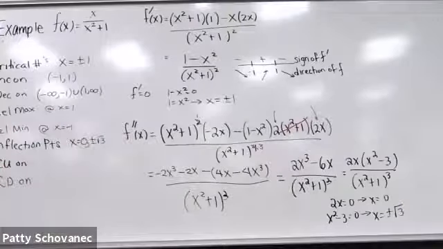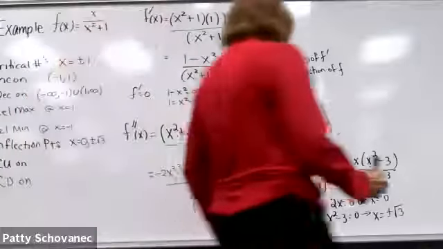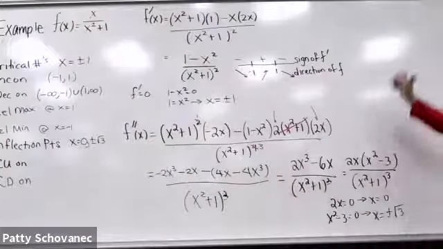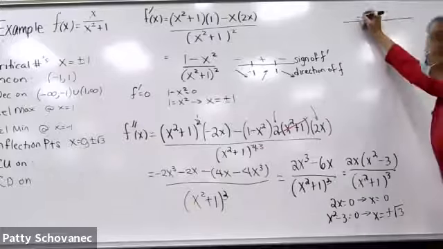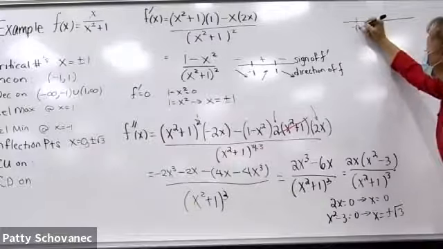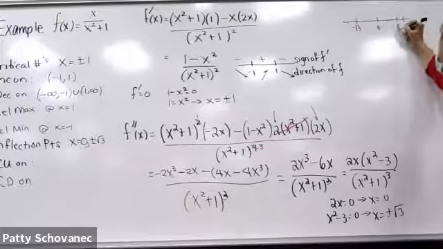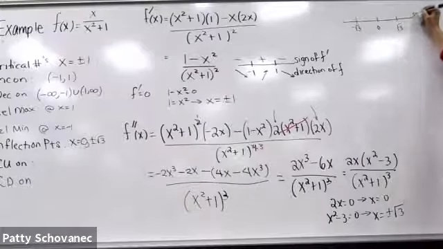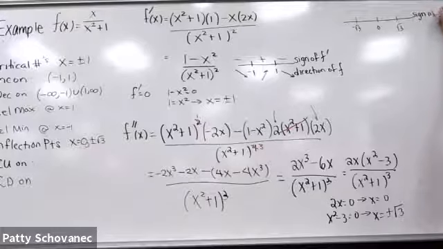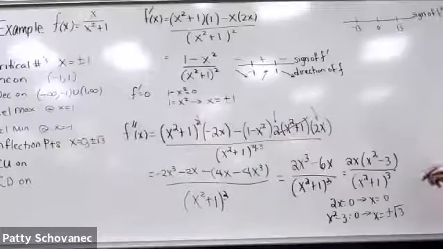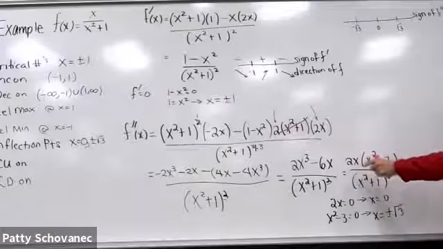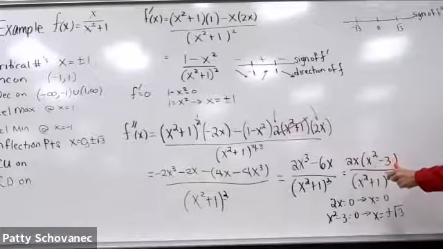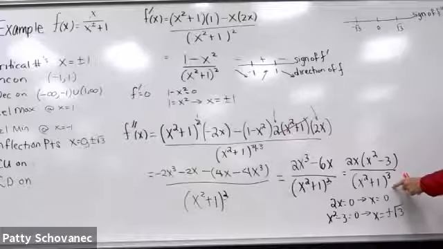So let's cut the number line into 3 different pieces and look at the sign of our second derivative. So let's see, negative square root of 3 is the smallest, then 0 and square root of 3. Okay, so f double prime is 2x, x squared minus 3, over x squared plus 1 cubed.